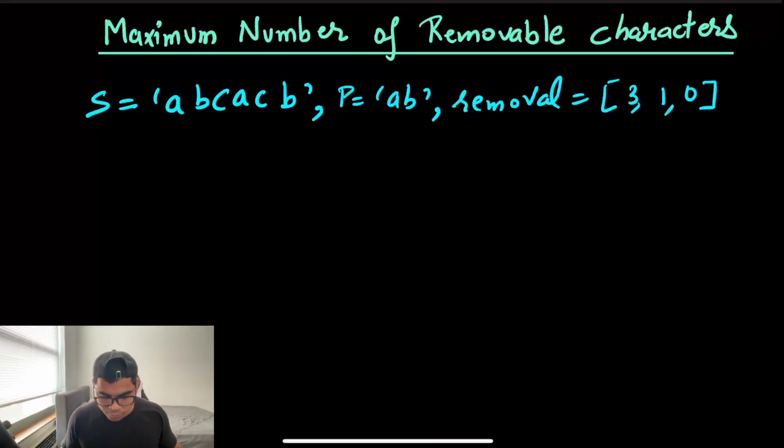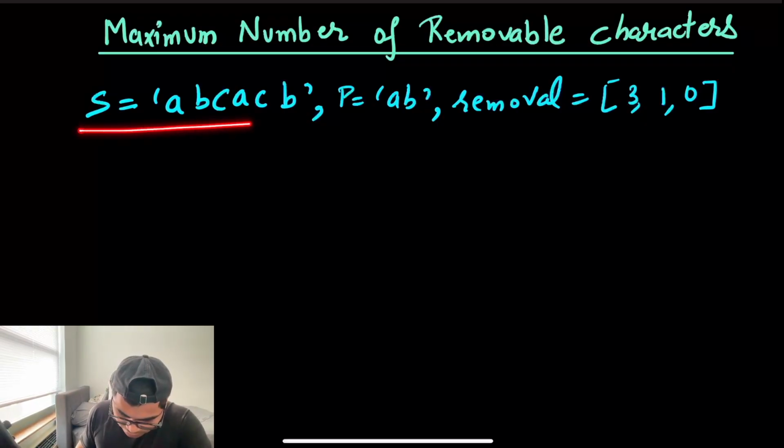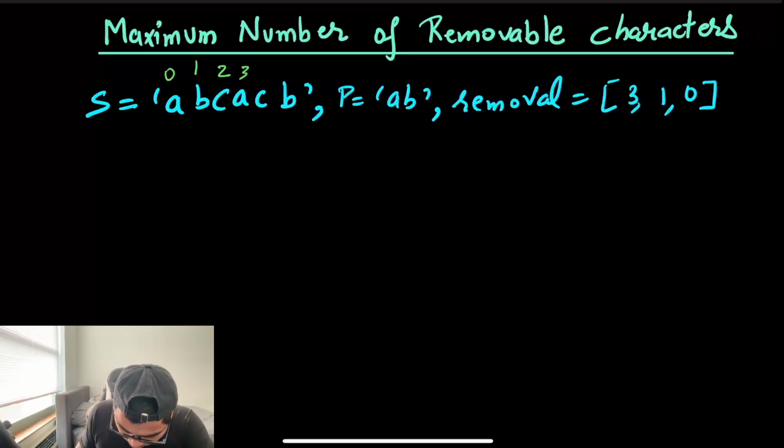So I'm going to switch the view here. We have a string s, and it has some indices. I'm going to write those as well: 0, 1, 2, 3, 4, and 5. Then we have another string which is p, with indices 0 and 1.